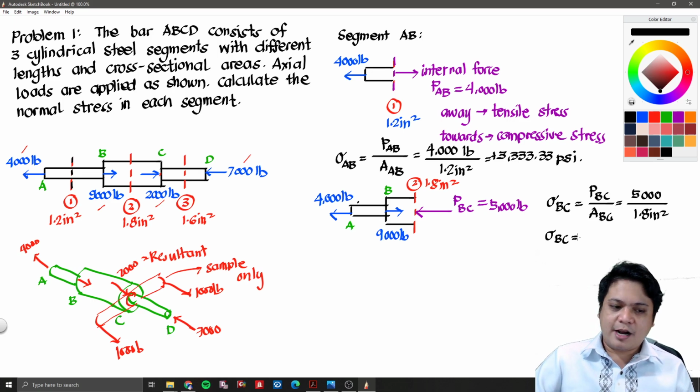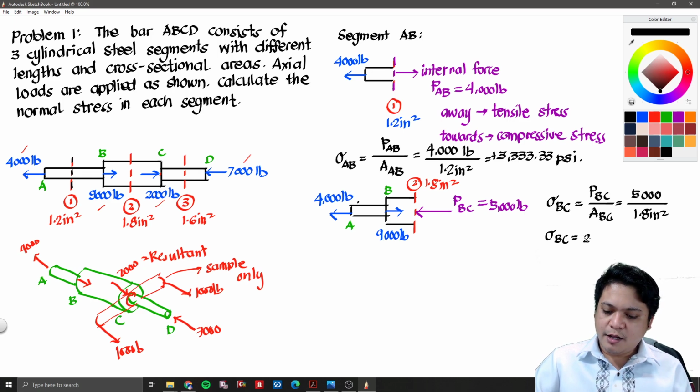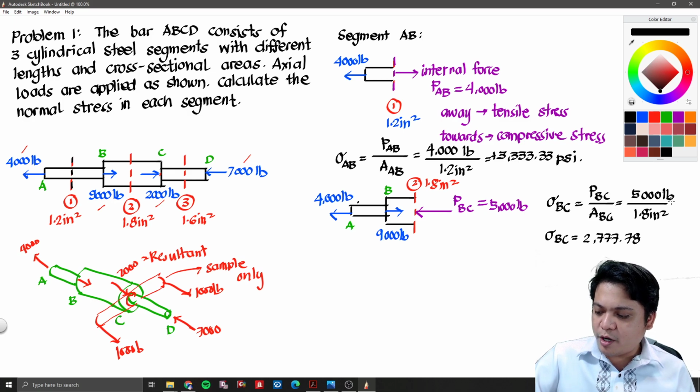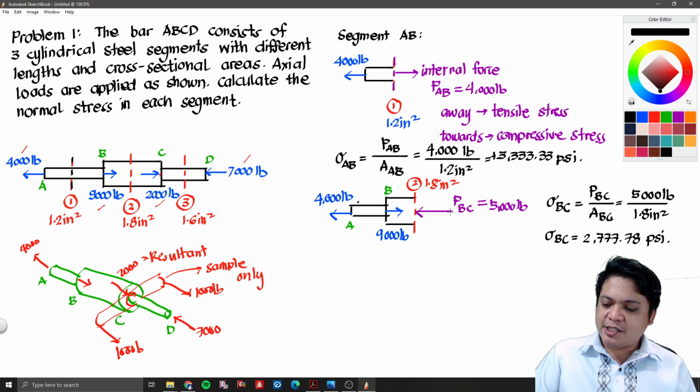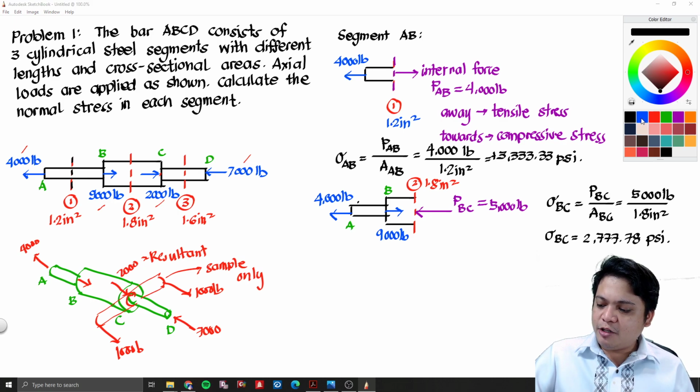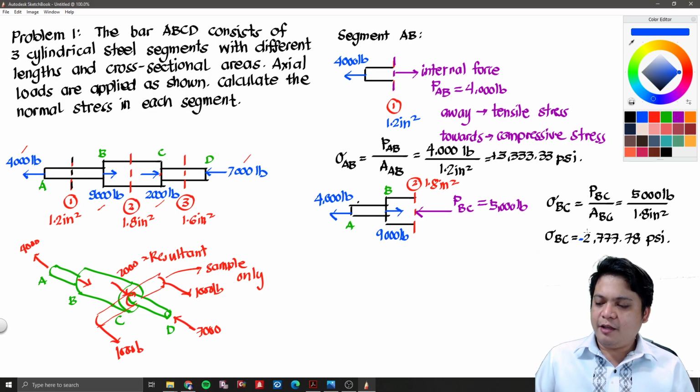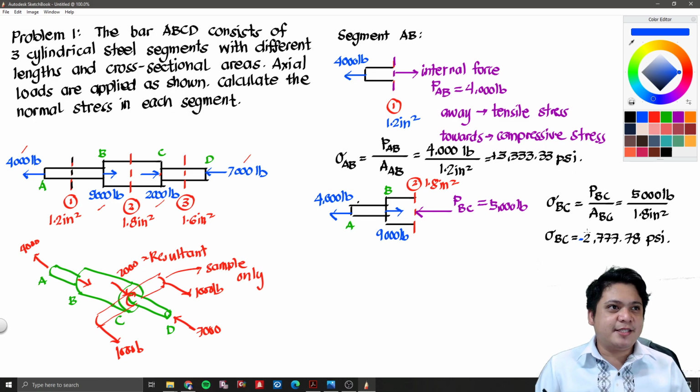So, that is around 2,777.78. Again, pounds per square inch. So, you will be having here your PSI. And I will denote it since yung force ko is towards the cross-section, I will denote it as negative. Negative, it means compression.